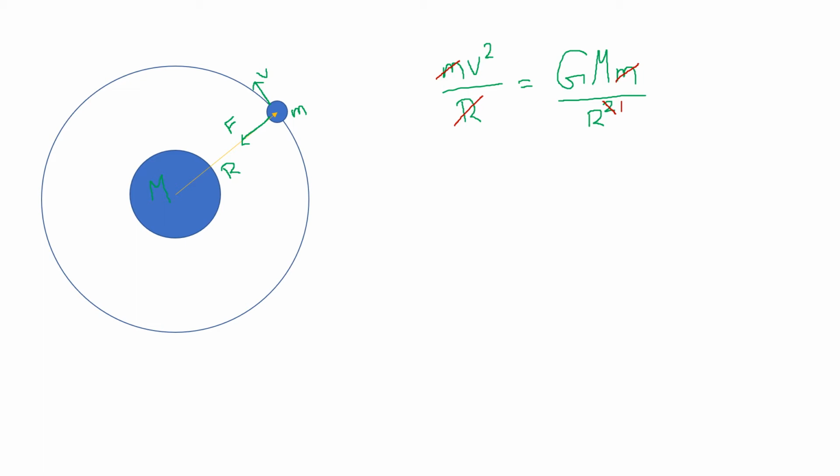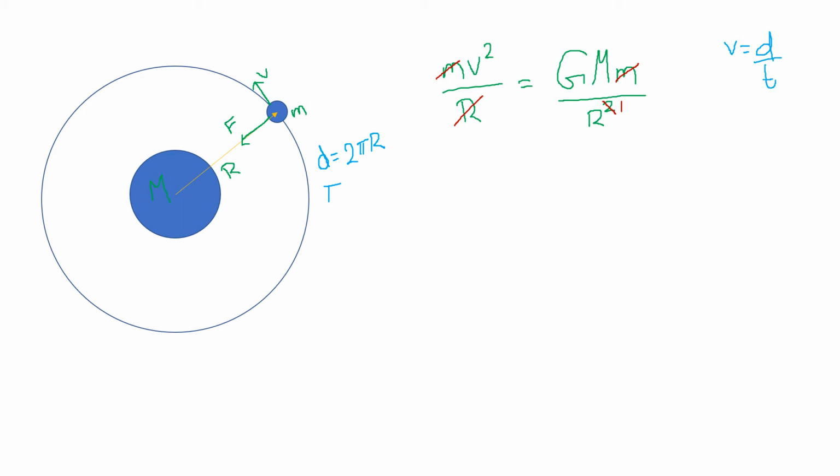So how can we work out the velocity of the small mass? As I said earlier, the small mass is traveling in a circle, so the distance it travels is d equals 2 pi r, and it will travel that in a time period, let's say T. We know velocity is equal to distance divided by time.